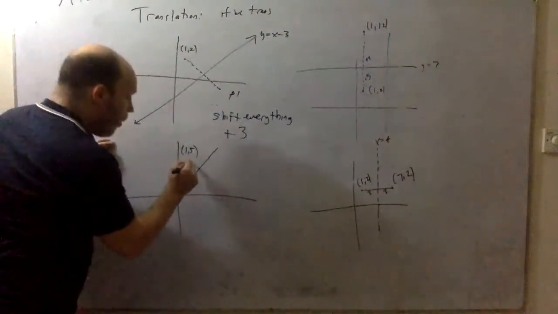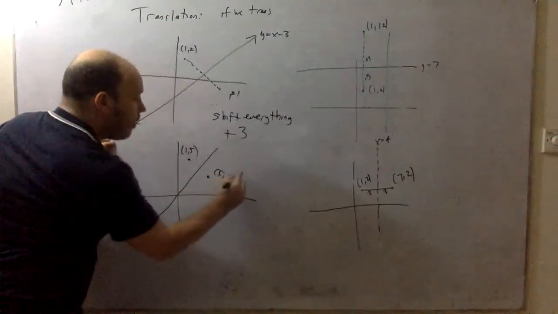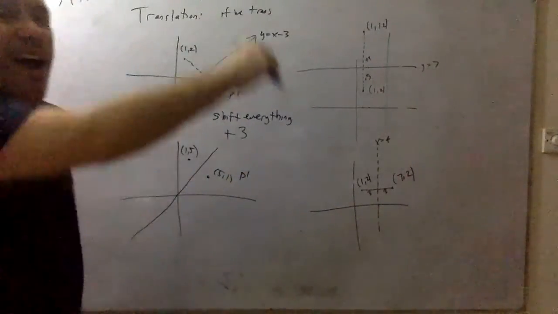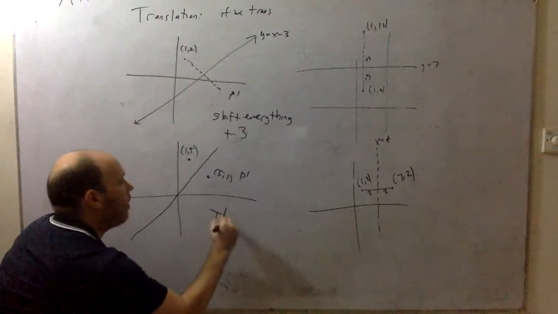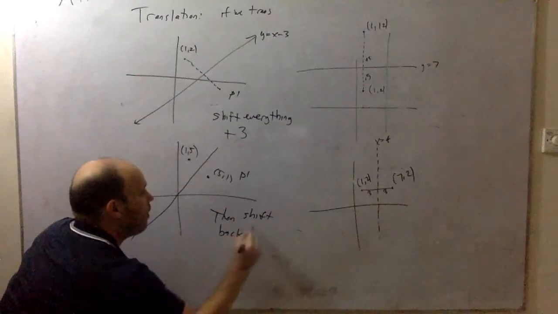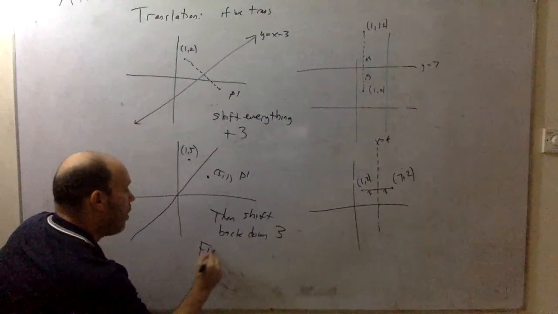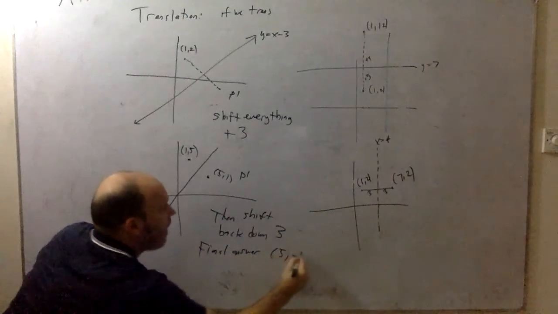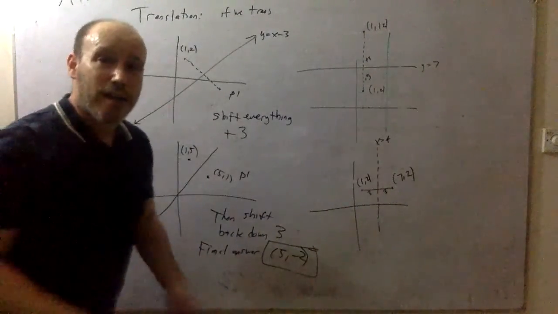Okay? So if the point is (1, 5), where's the image? (5, 1). Now, is that the final answer? No. Now I have to bring everything back down 3. Then shift back down 3. Final answer? (5, -2). Good luck.